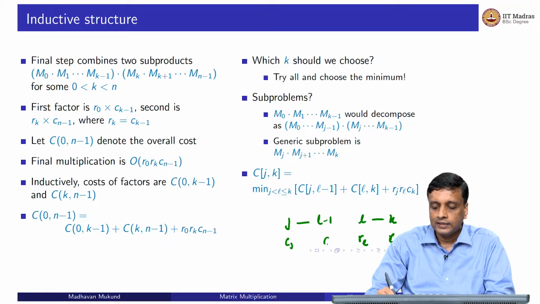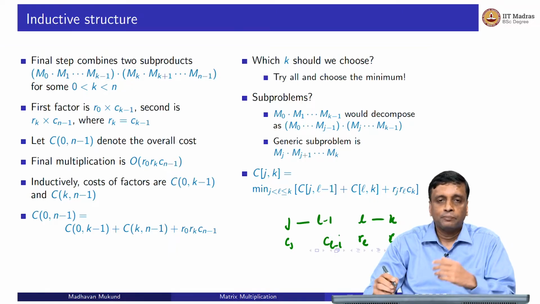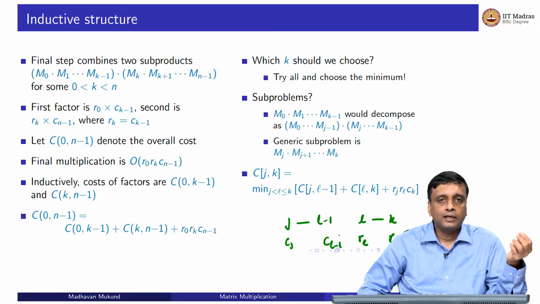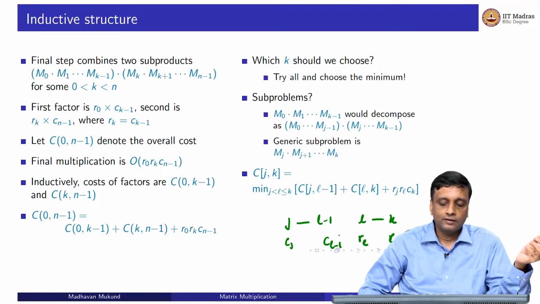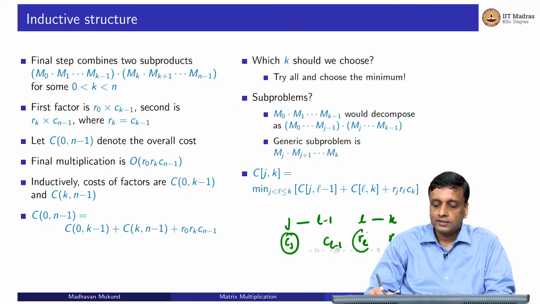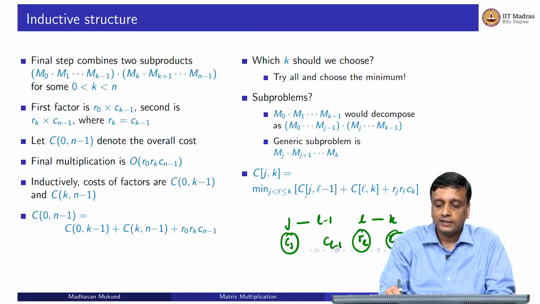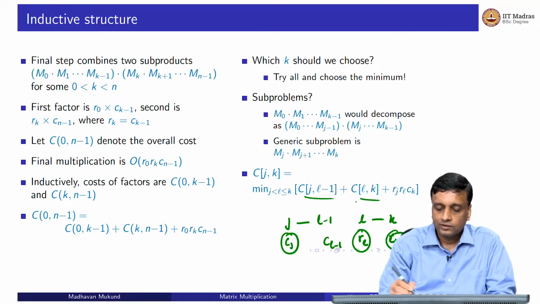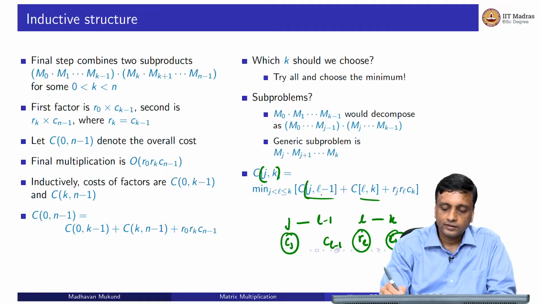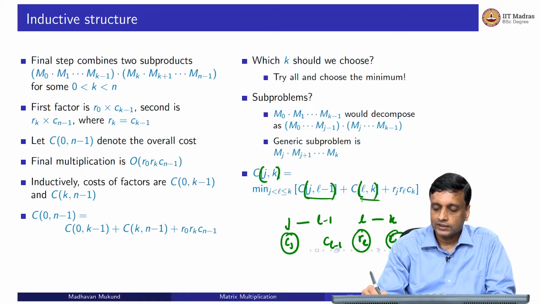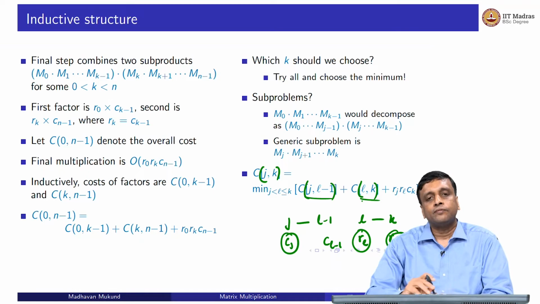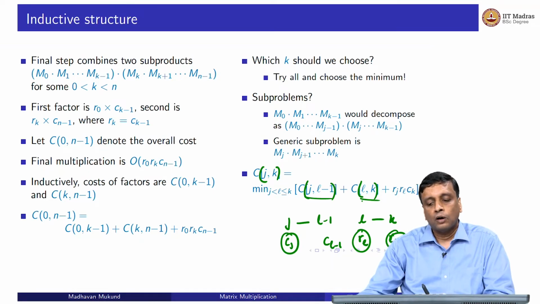So remember that RL is equal to C(L-1). The number of columns in the last element in the first factor is equal to the number of rows in the first element in the second factor, right. So this times this is the final multiplication, and then these 2 are our inductive things, right. So possibly I should have written the round bracket here, so you can just ignore it for now, I will fix it, right. So this is the inductive definition of our cost. Now what is the base case?